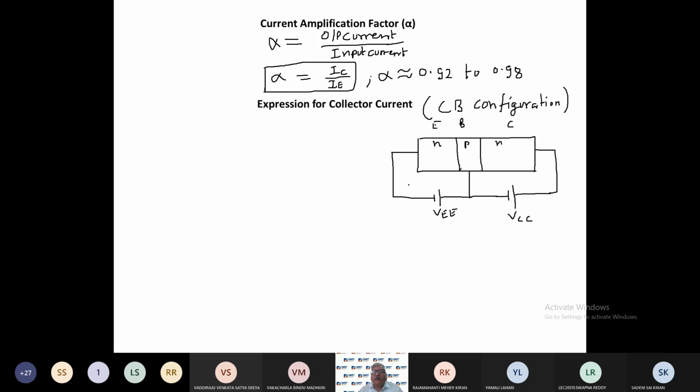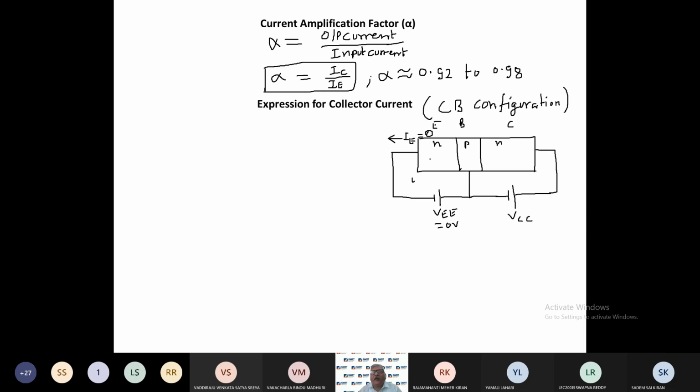Right. So suppose here what we have done, we have made VCE equal to 0 volt. If VCE is 0 volt, this means no voltage is applied to the emitter base. If that is the case, then you will find IE is equal to 0.